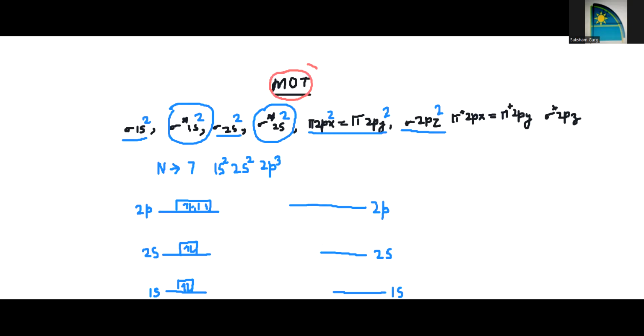Same way, we will draw for this nitrogen also, exactly the same way. While drawing, you have to know the degeneracy of the orbitals.